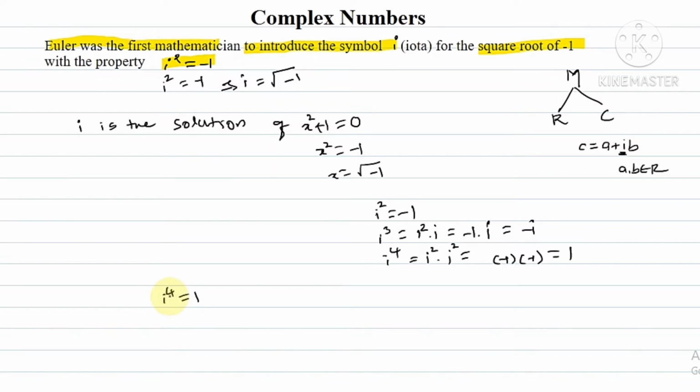So for integral multiples of 4 we get 1. That is iota power 0 equal to 1, iota power 4 equal to 1, iota power 8 equal to 1, iota power 12 equal to 1, iota power 16 equal to 1, and so on.